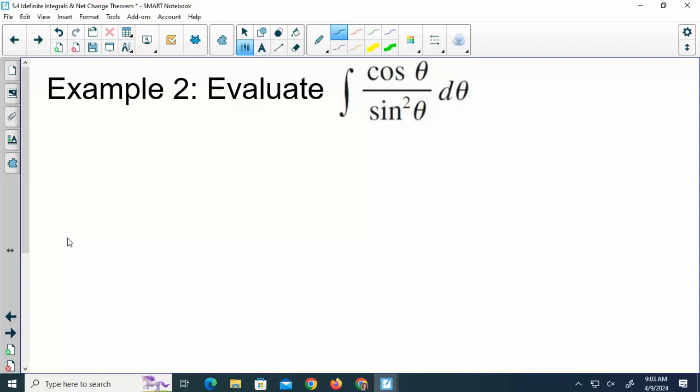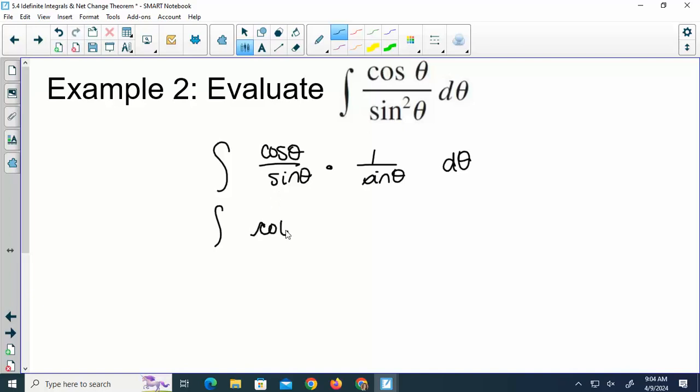Because we have a sine squared on the bottom. So you could say, well, this is a cosine over sine. And then we have a 1 over sine left. What is cosine over sine? What is 1 over sine?